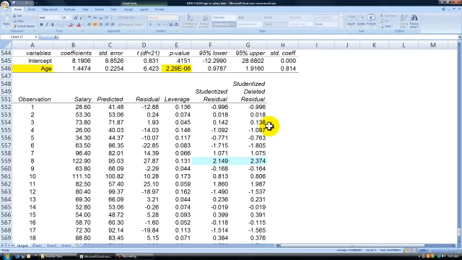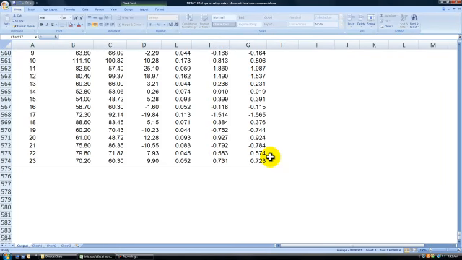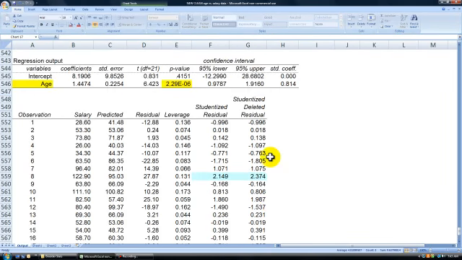The last thing you notice, remember I selected influential residuals. That's basically telling me where the outliers and unusual observations are. In this case, we know that something between 2 and 3 standard deviations is unusual. Something above 3 is an outlier. In this case, we only have one unusual.